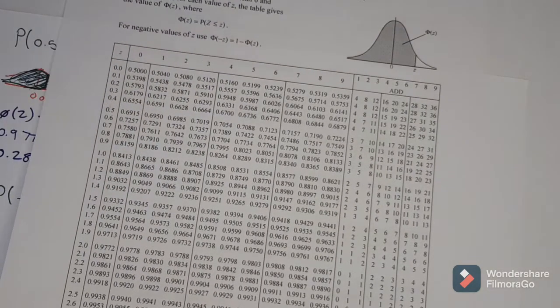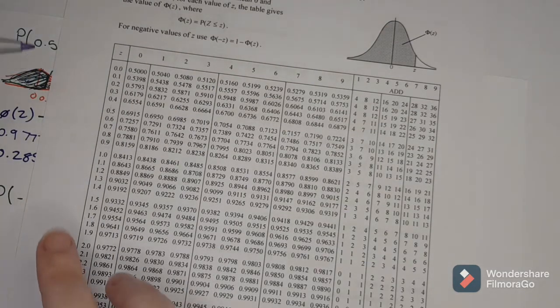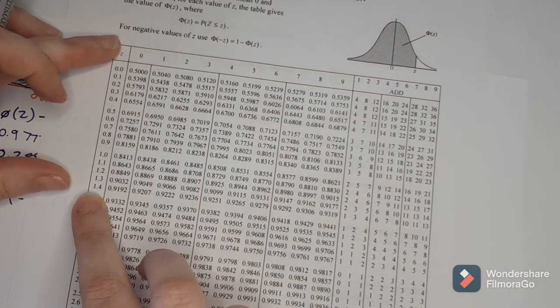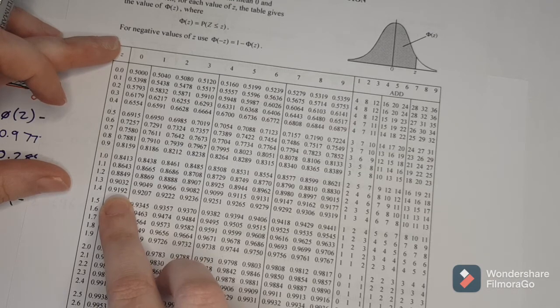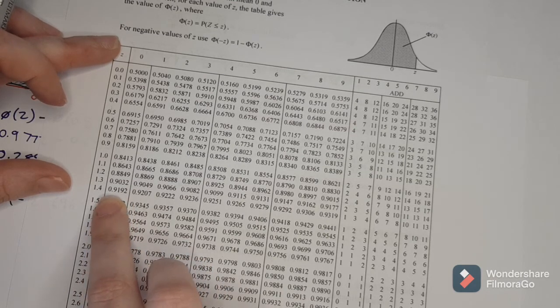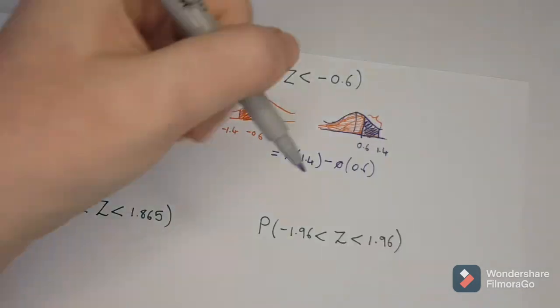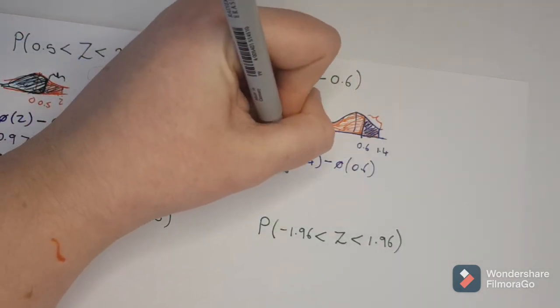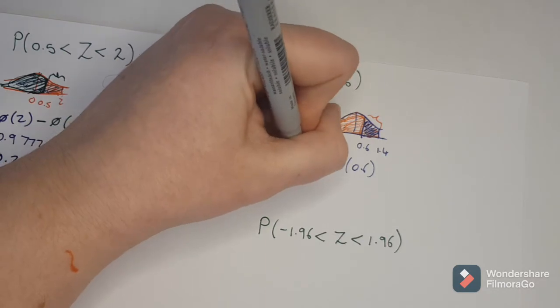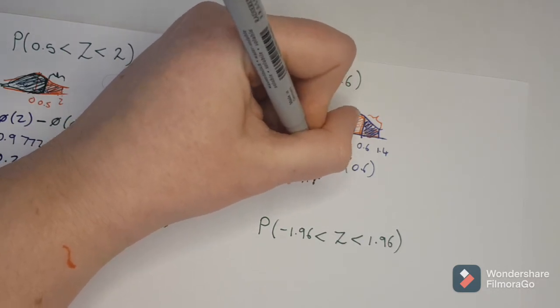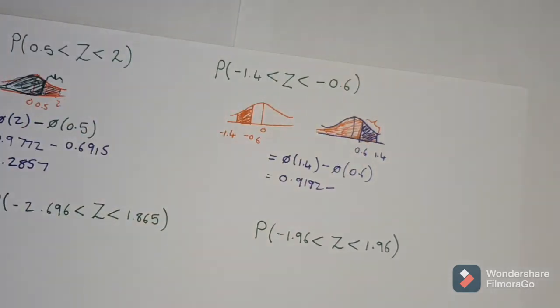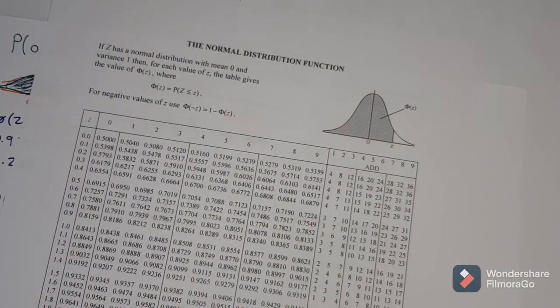So on the table, I find 1.40 to get 0.9192. So I'm going to say my value for that is 0.9192 minus my value for 0.6.